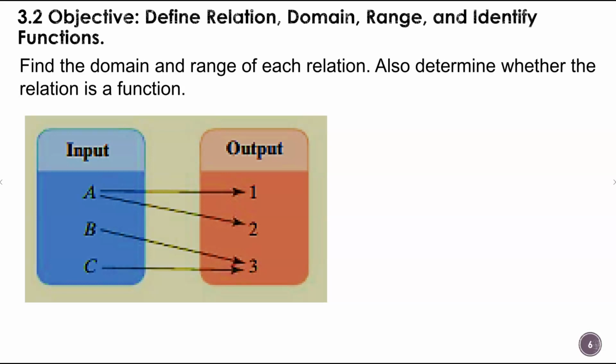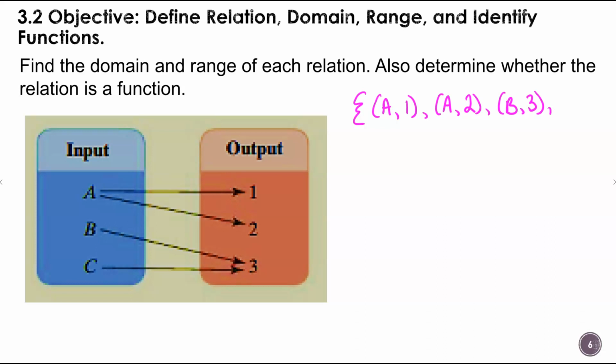So one way you could look at this too is to actually write out your relation. All right, so in this case, let's write the relation. My relation is (A,1), (A,2), (B,3), and (C,3).